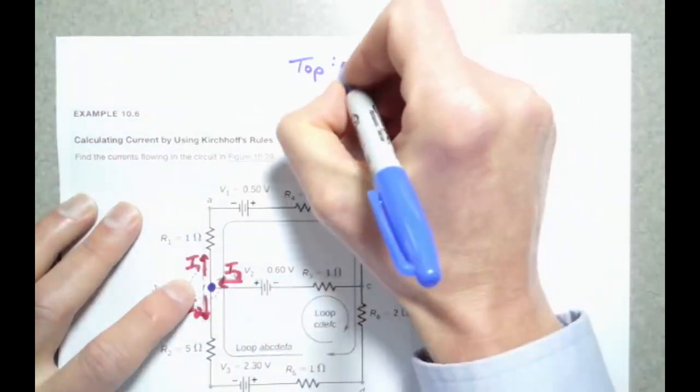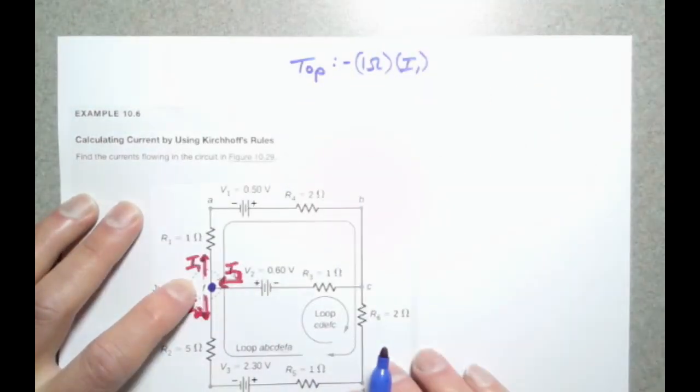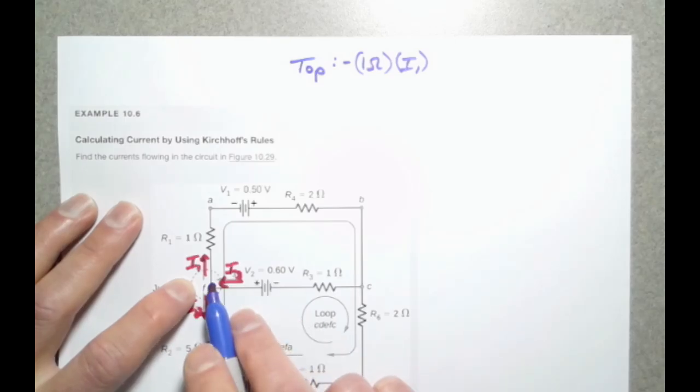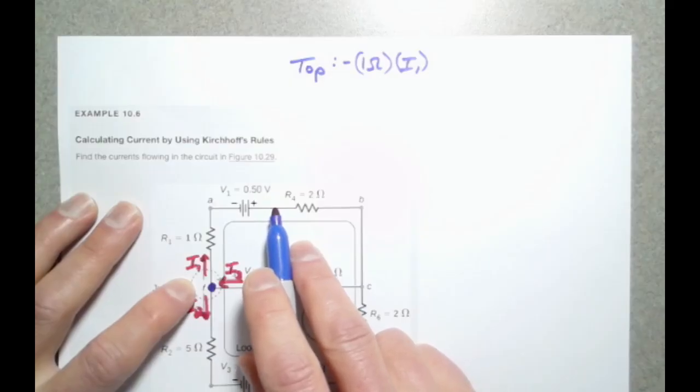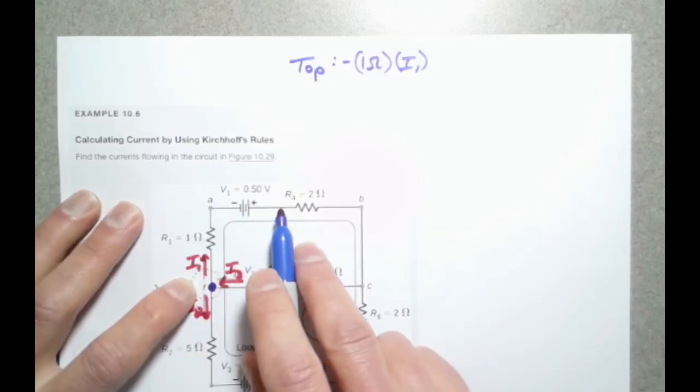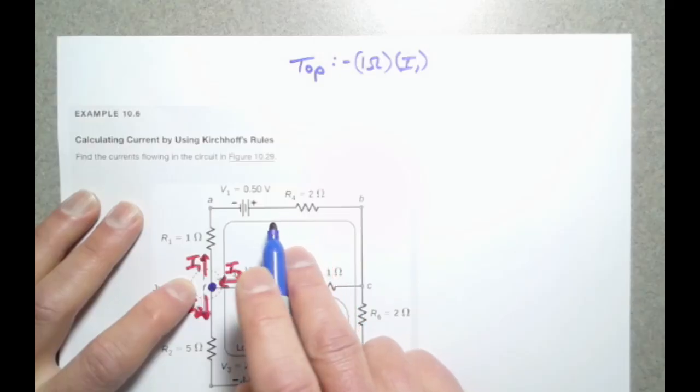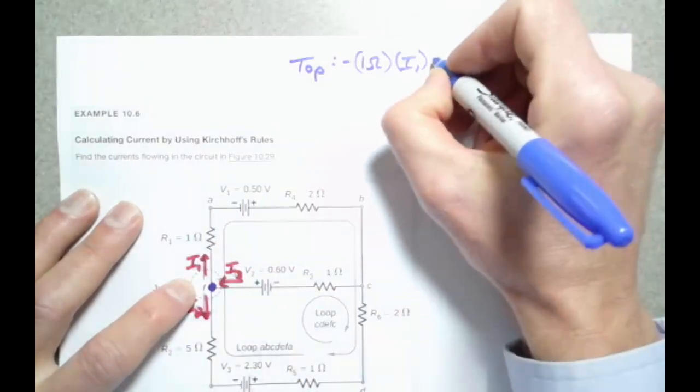And I'm going down, so I'm going to have a negative sign here. Okay? And then I get here. What happens as I go across this next element? Added charge. I'm not adding charge. What am I adding? Voltage. I'm adding voltage, right? Those are different words. They mean different things. So I'm going to add voltage. So I'm adding 0.5 volts.